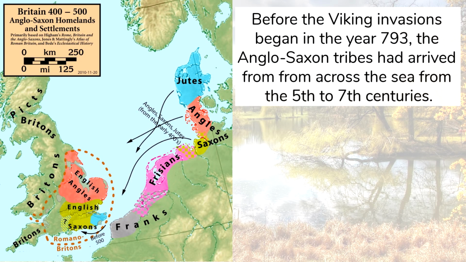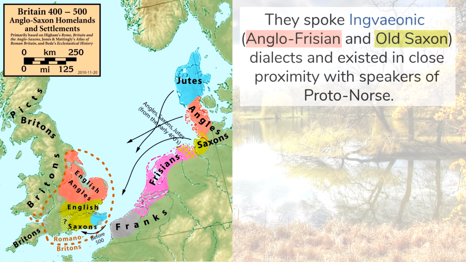The exact linguistic situation of that time period is not known, but we know that Old English and Old Norse were closely related. Before the Viking invasions began in the year 793, the Anglo-Saxon tribes had arrived from across the sea between the 5th and 7th centuries. They spoke Ingvaeonic dialects, Anglo-Frisian and Old Saxon dialects, and existed in close proximity with speakers of Proto-Norse.